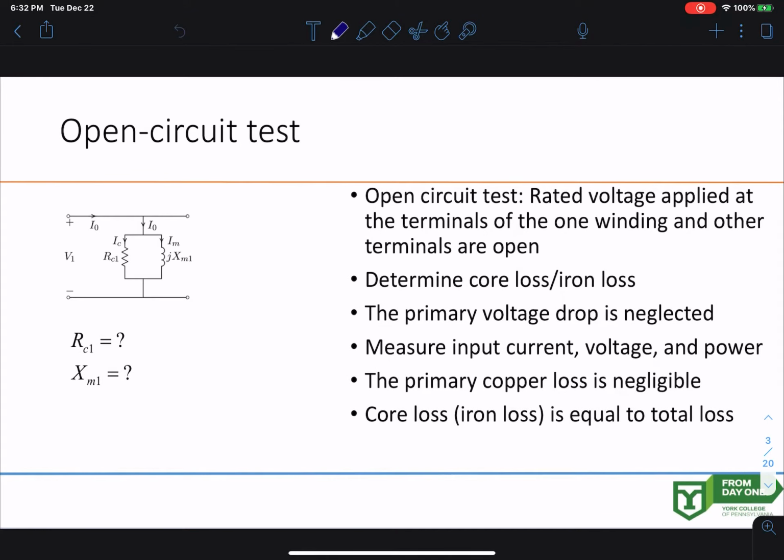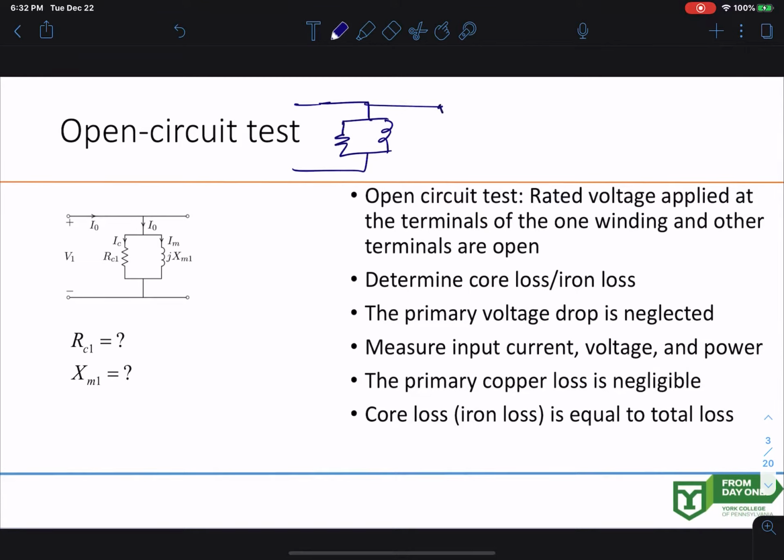So let's see here. As you remember from the last lecture, a transformer has a core, and the core is there to produce flux, and that core also has an inductor and a resistor in parallel. So how to find it? If we referred everything to the primary, that's the core over here.